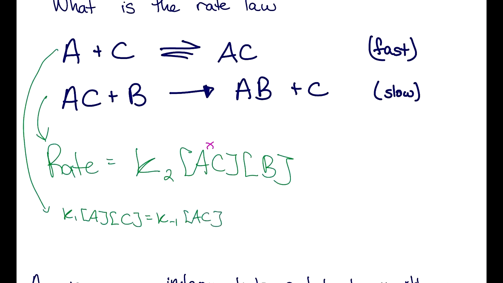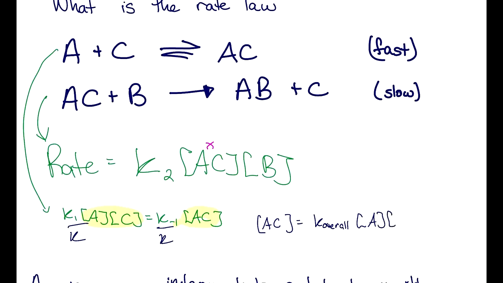So what you see is that the concentration of AC is proportional to the concentrations of A times C multiplied together. So if you divide both sides by K here, you see that AC concentration is equal to, again, K overall. I'm just combining the K's.